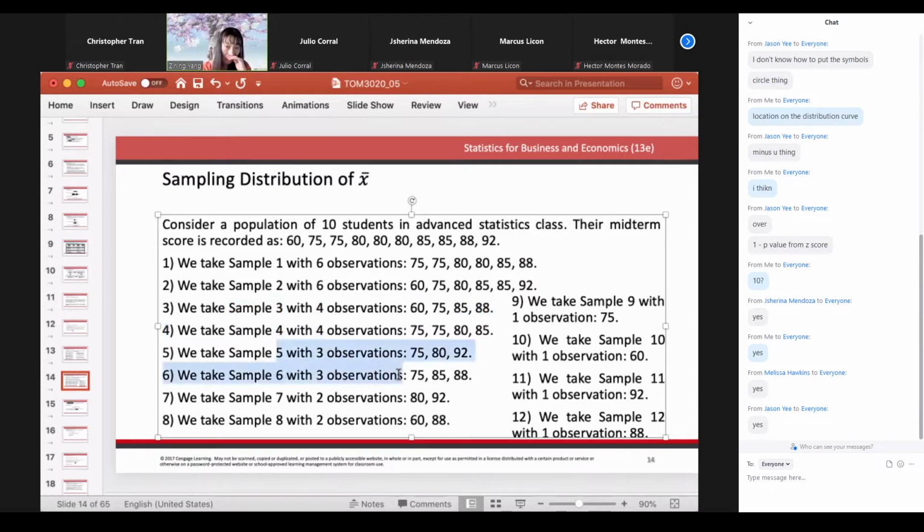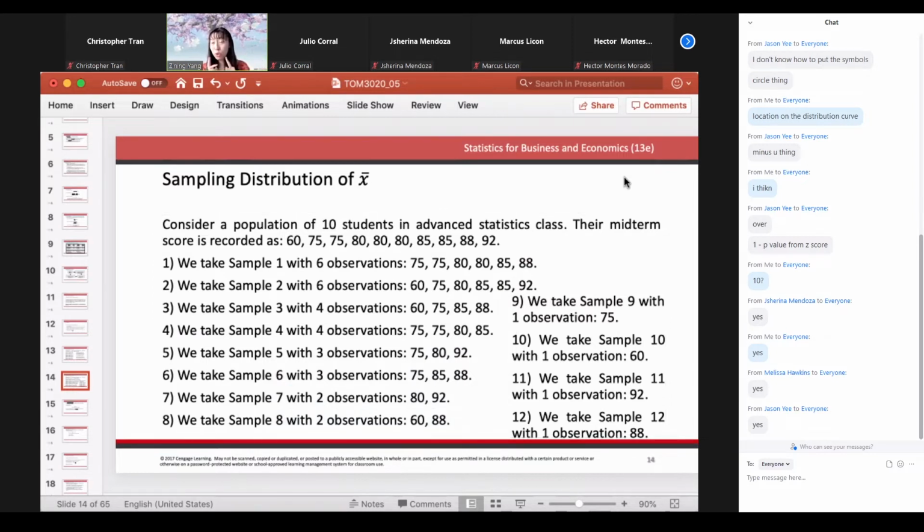Sample 5 and 6 are even smaller with only 3 observations, but fine. Sample 7 and 8 have only 2 observations. Then samples 9 through 12, just for simplicity, are really small. They only have one number.